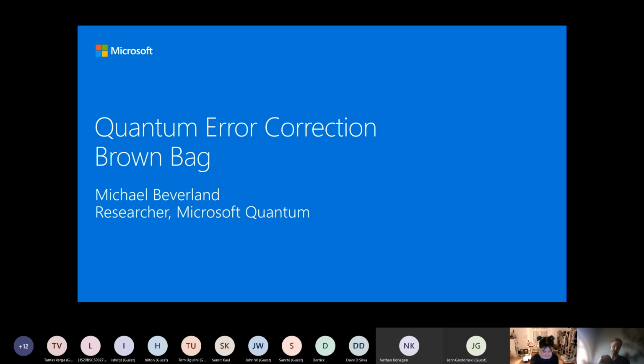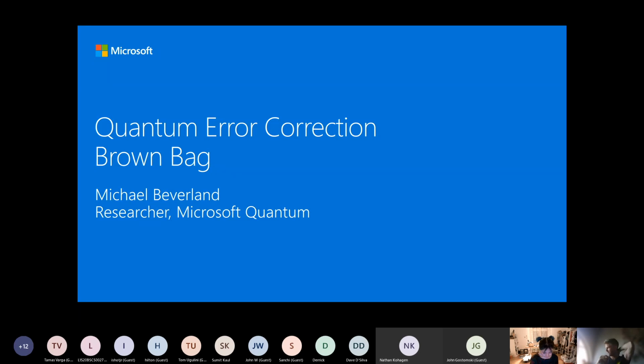And of course, the reason that we don't see these giant superposition states, and we don't see these entangled properties that we have at the small scale of quantum systems in the everyday world, is that decoherence is happening. And that's really what we want to prevent with quantum error correction.